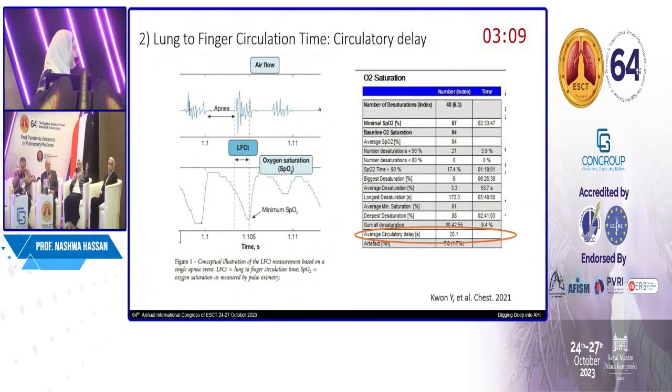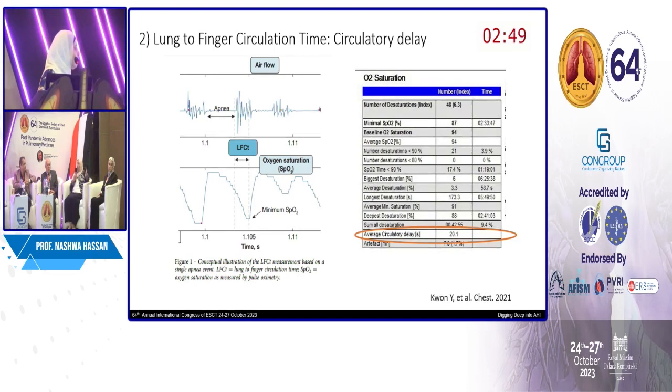Another factor among the cardiovascular markers is the lung to finger circulation time. In the polysomnography report, it is called circulatory delay. This is the time between the end of the event and the minimal oxygen saturation.